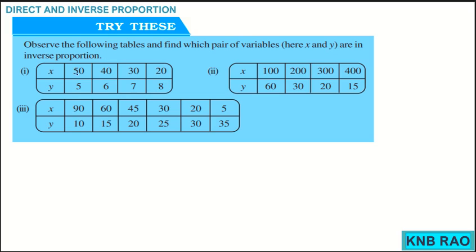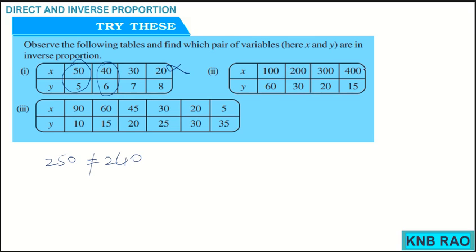To check, I will straight away take the product of 50 and 5, which is 250, and the product of 40 and 60, which is 240, which is not equal. Therefore table 1 is not inversely proportional.